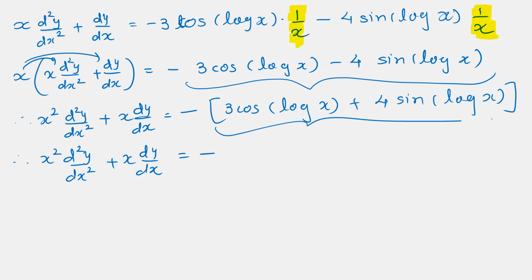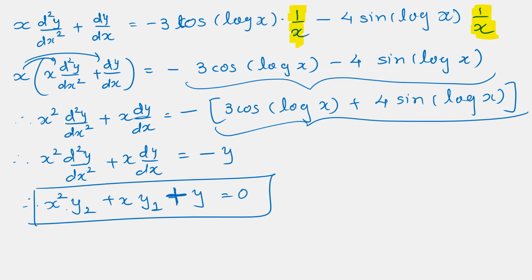This is nothing but your y. Hence proof, right? x square y2, second order derivative, plus x y1, first order derivative. This minus y will come this side, plus y is equal to 0. Hence proved.